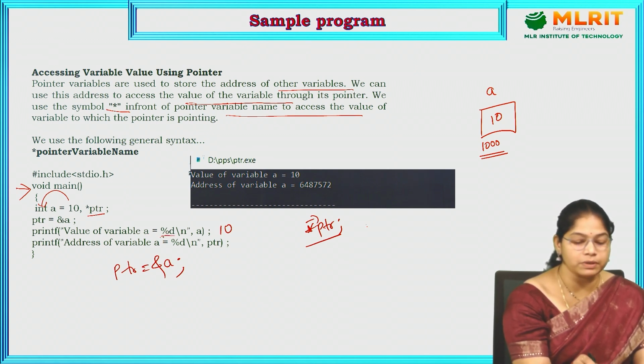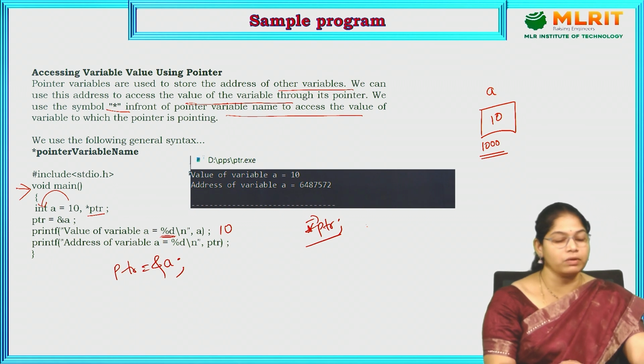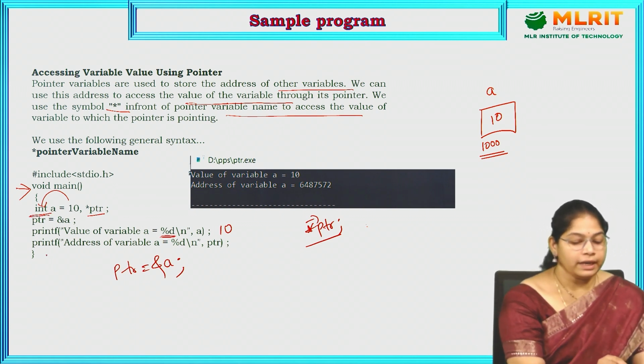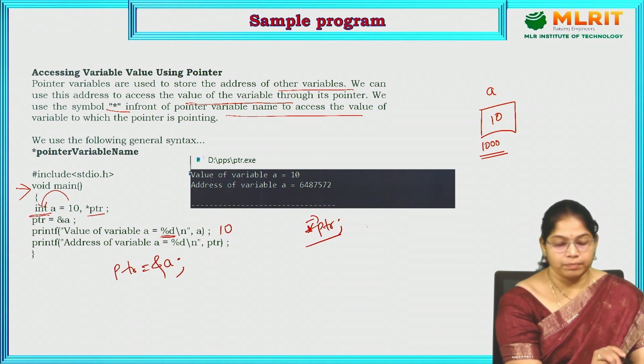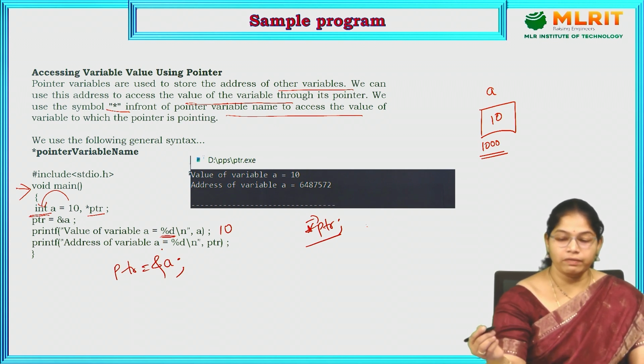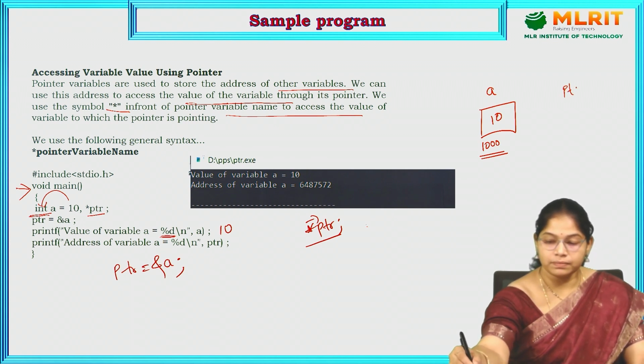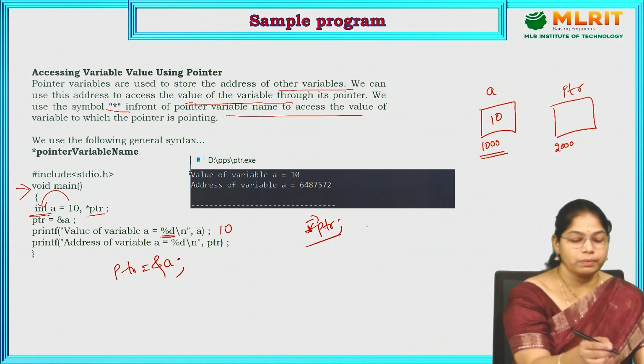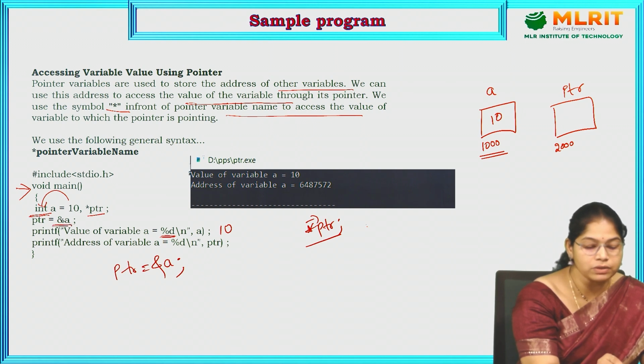Here I used %d as the format specifier because it is of type integer. Then the address of variable A. When we declare a pointer, it also has some address, say 2000. But what does it do? ptr is equal to address of A.